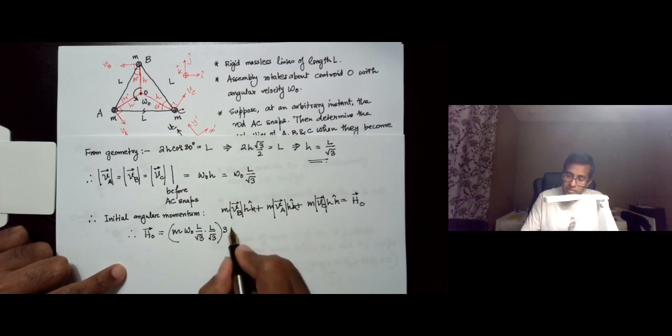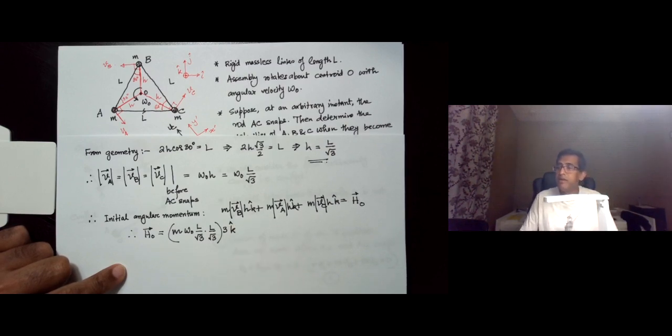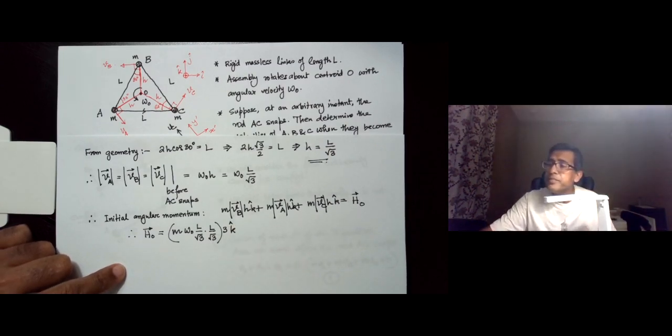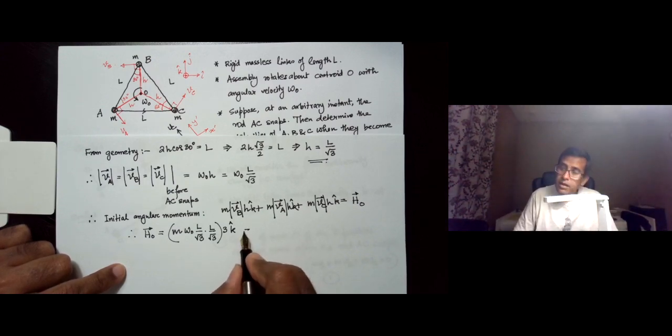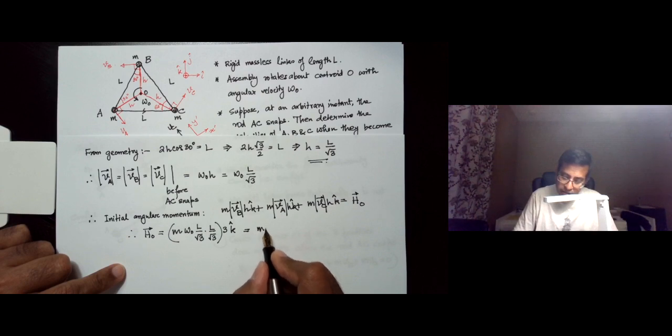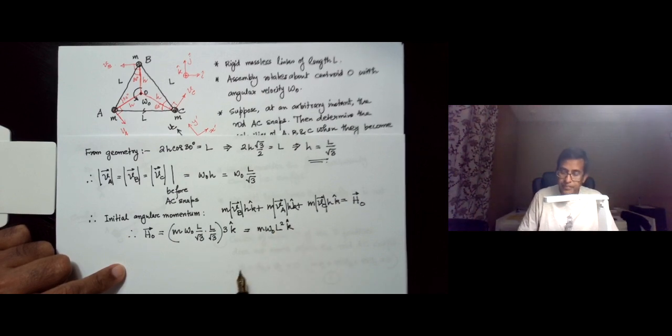So this is times 3, and it's going to be in the k direction. So essentially the initial angular momentum is m omega naught L squared in the k direction.